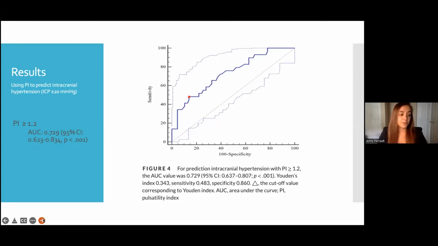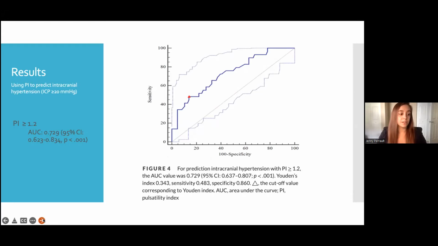So going further, this study used something called Youden's index, which shows the performance of a dichotomous diagnostic test, and it estimates the probability of an informed decision. So when the Youden's index is equal to 1, there are no false positives and no false negatives for the test. So it's a pretty reliable test.